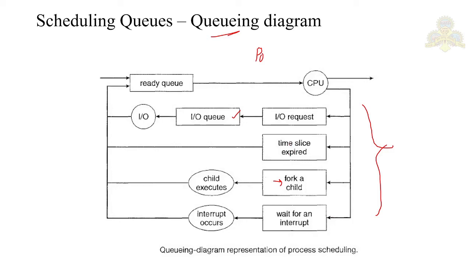Now in the first two cases, the IO request and the creation of the sub process, your process will eventually switch from the waiting state to the ready state. So it would be waiting for the IO, or waiting for the child to get created and executed, and after that it would go to the ready queue. Now this process continues until the cycle terminates.